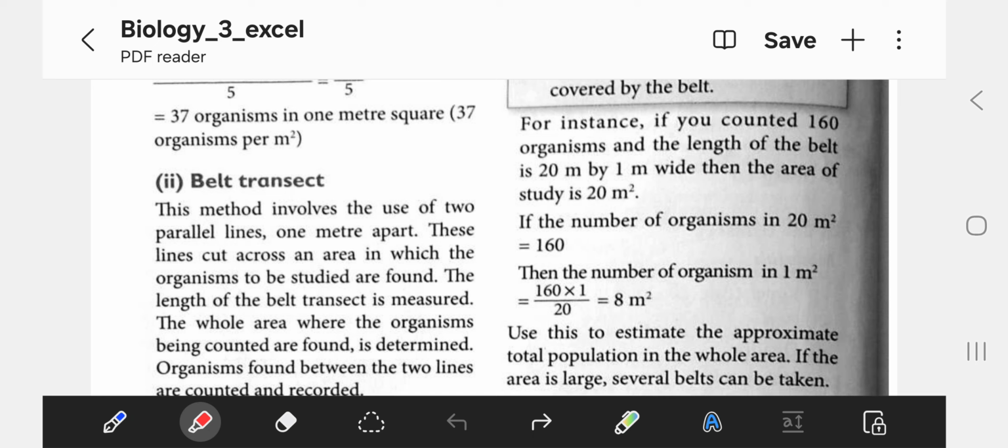What you normally do is that you go to the field, you select an area where you want to do your study, and then you capture the organisms or the animals or the plants, especially the animals that you want to study. After capturing them, you mark them, and then you release them back to the environment.